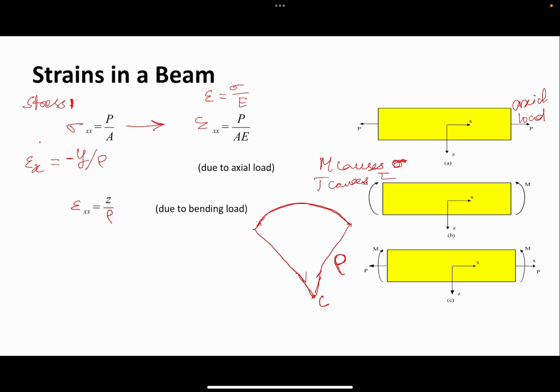How much it curves is denoted by the symbol rho. So if it's axial load, it causes normal strains. If it's rotation or bending, it causes normal strains as well.